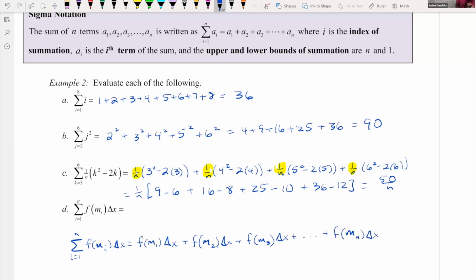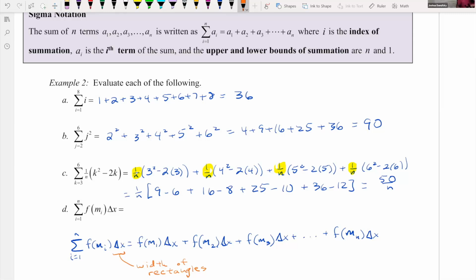And you might think, boy, that one's not very exciting. There's no calculations to do. True, but this one is actually closest to where we're headed with finding areas of rectangles. So what I want you to notice here is we have a delta x here. That is the width of the rectangles, right? As we saw in the previous example, in example 1.